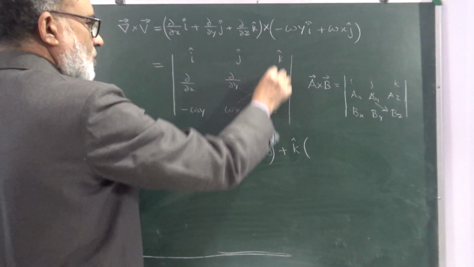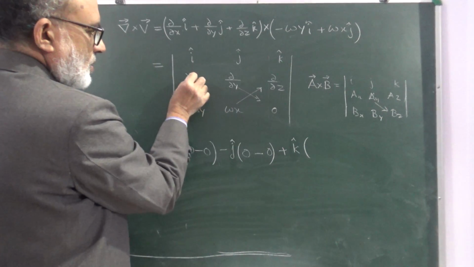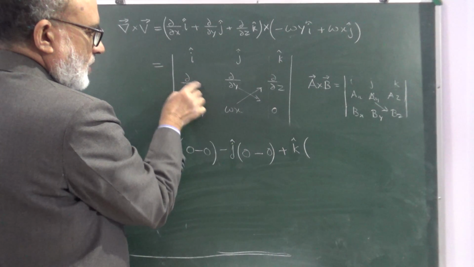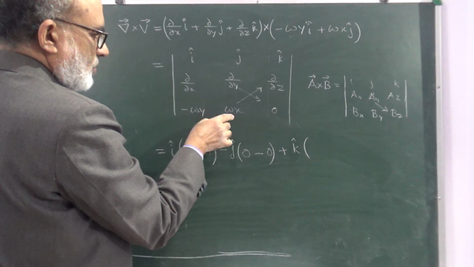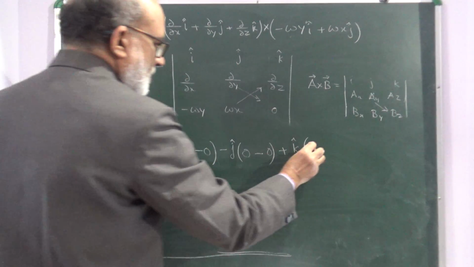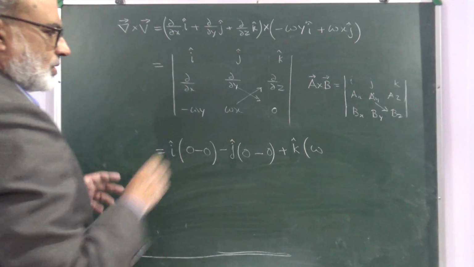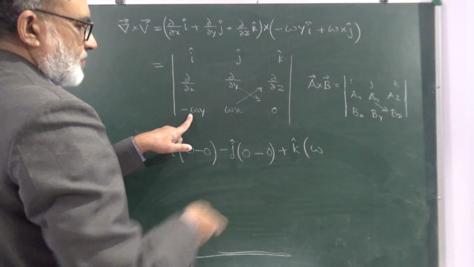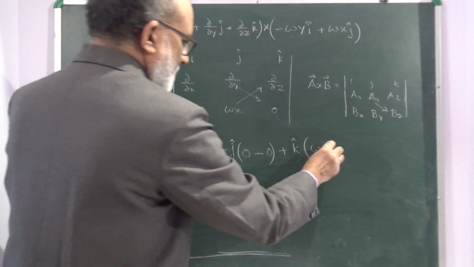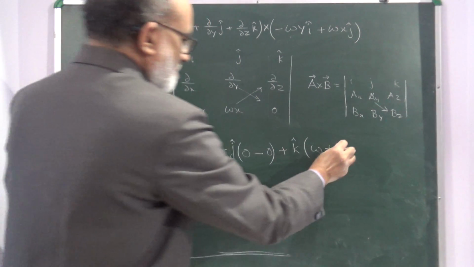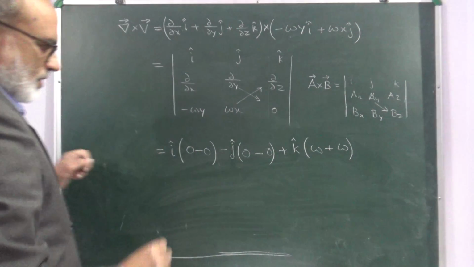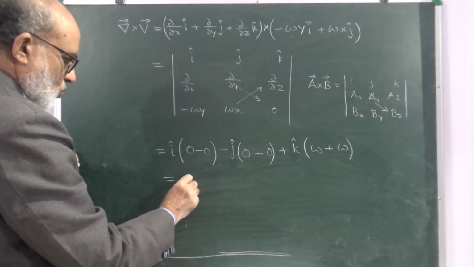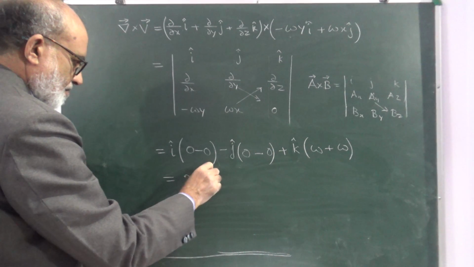You hide this column and this row. So del omega x by del x. Omega is constant, angular velocity is constant. Del x by del x will be 1. Minus, but there is a minus here, so that will be plus omega del y by del y, which will be 1. So it is 2 omega k.